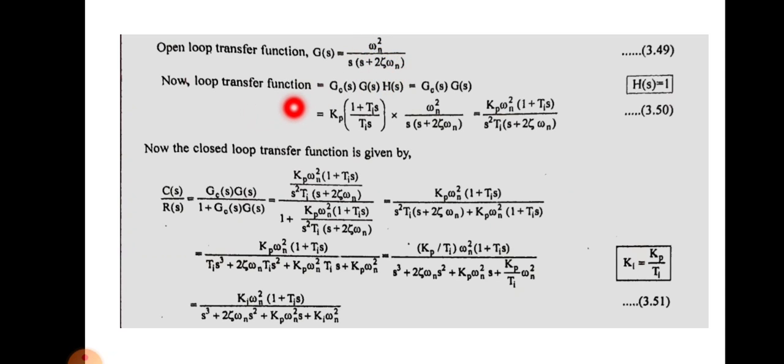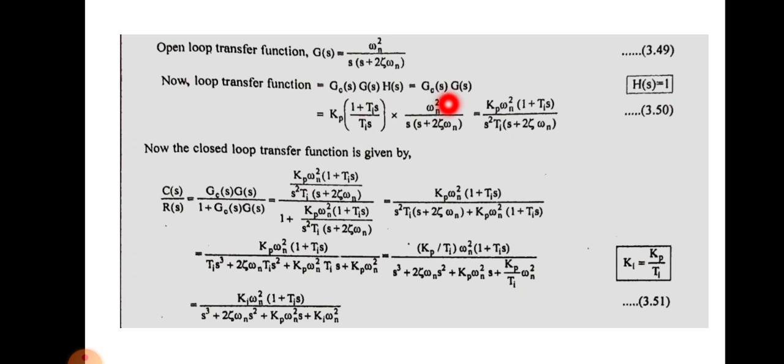Now the loop transfer function can be obtained by the multiplication of GC of S and G of S with the feedback gain H of S. Here the feedback path has a feedback value H of S equal to 1. So we can write it as GC of S into G of S.